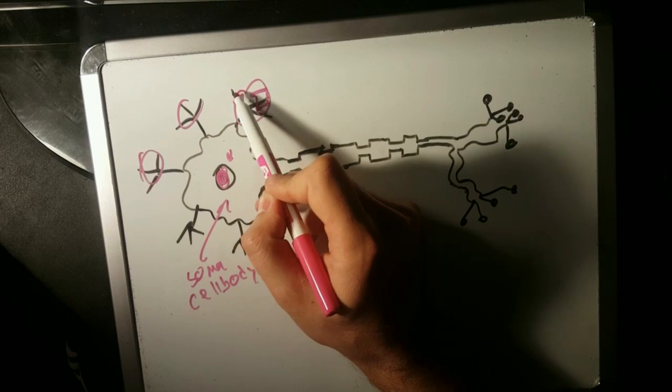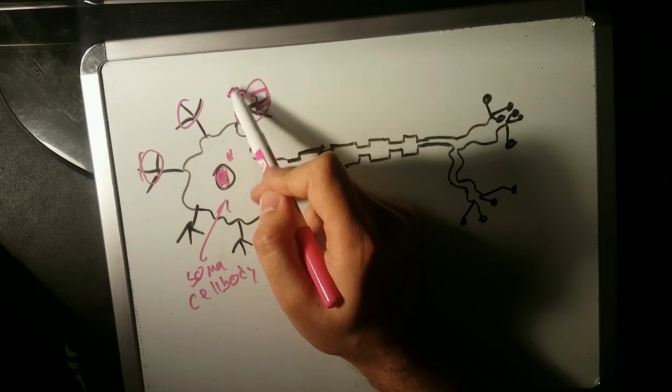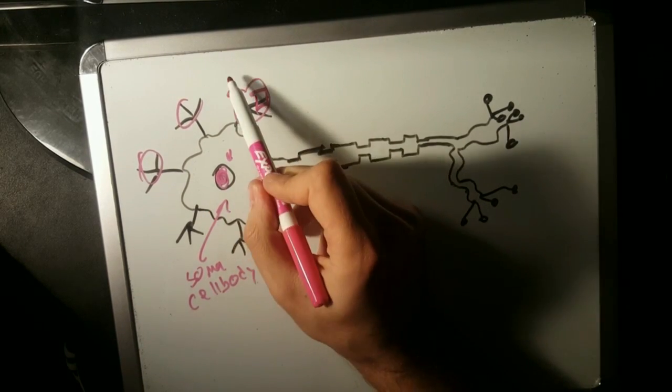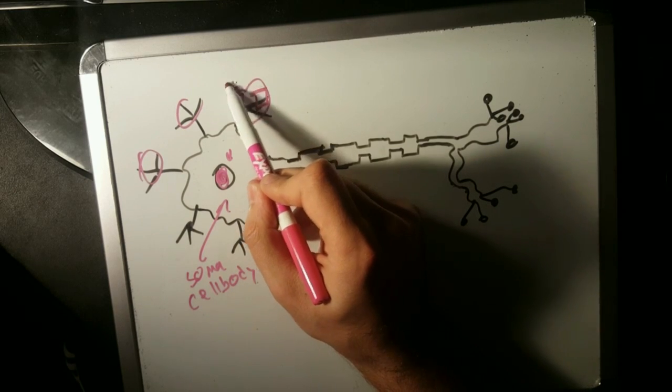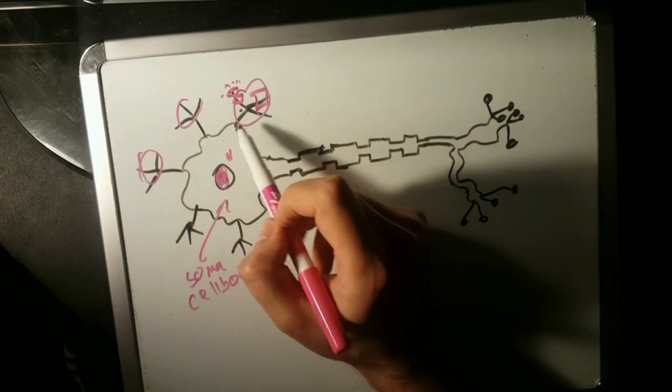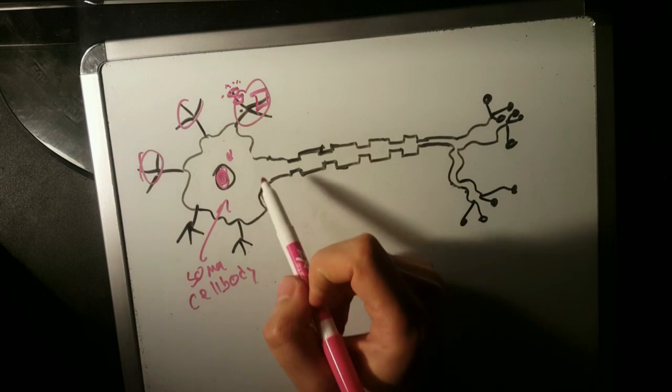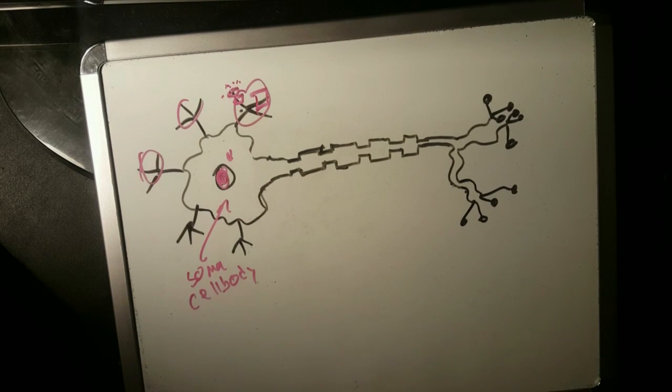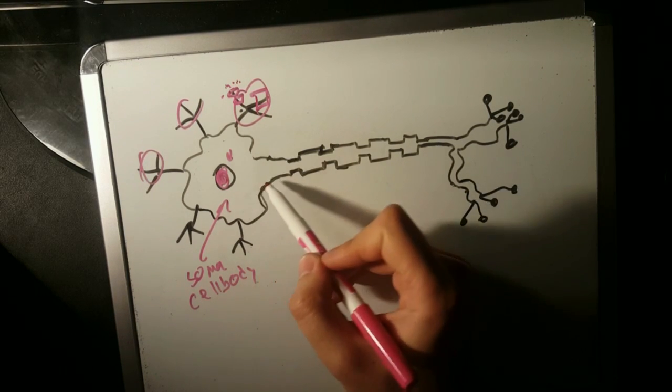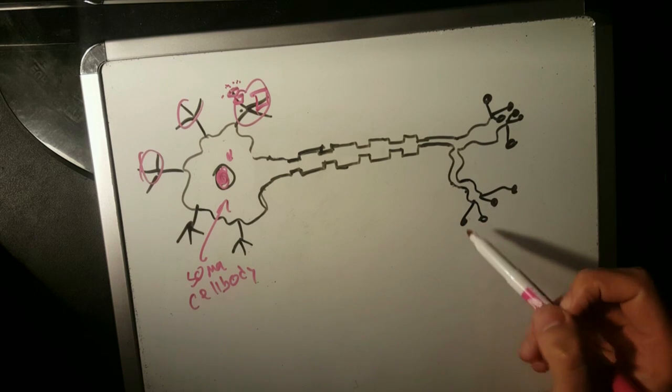They're located inside of these little branches, and they open to chemical stimulus or mechanical stimulus or voltage stimulus, and they allow for signals to begin getting propagated through the neuron.